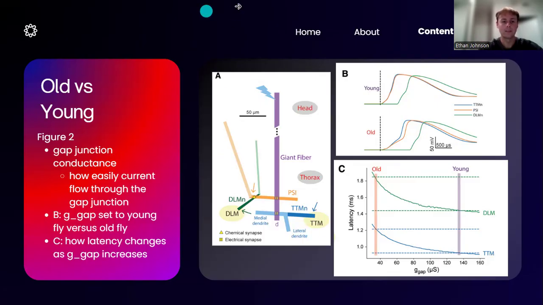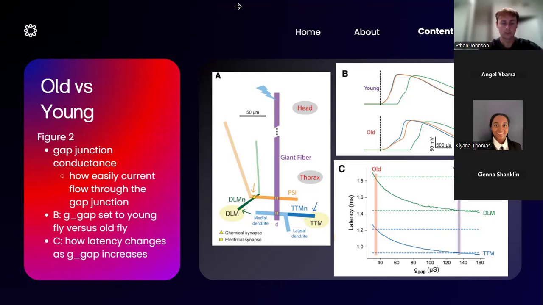So if we have a gap junction, you may think, oh, if we have a gap junction that's bigger, that's going to allow more current to flow through, and then maybe the response latency will be quicker, or maybe, oh no, if it's smaller, then the current will flow through faster, and then it'll be quicker. So these are the different questions that they were setting out to answer using this model.